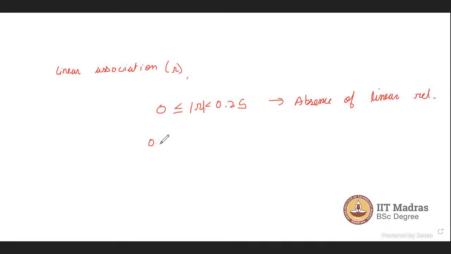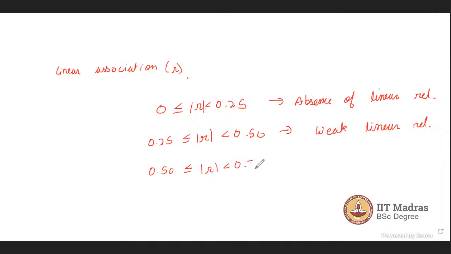If it's in this range, it's weak linear relationship. If it's in this, it's moderate.